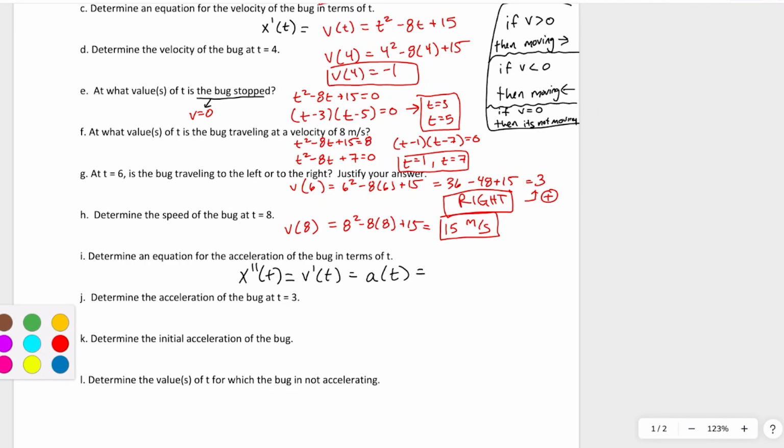All three of those are the same thing. The derivative of velocity, t squared minus 8t plus 15, is going to be 2t minus 8.